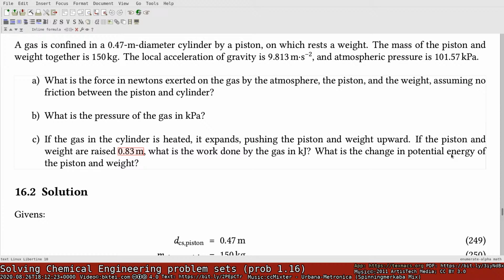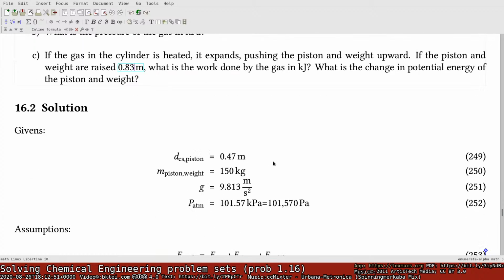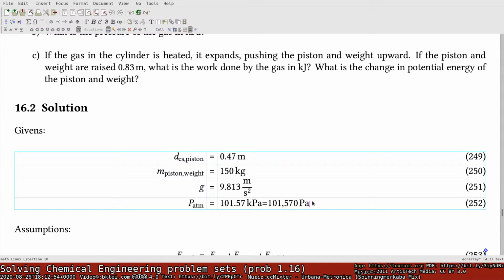And the change in potential energy is kind of a separate question. That's just the height that is raised, because we're assuming it's being raised vertically upward. That's just the height gain. So mgh, or the mass times gravitational acceleration times the change in elevation. So that's going to be a separate equation. But let's take this 0.83 and add that to the givens here.